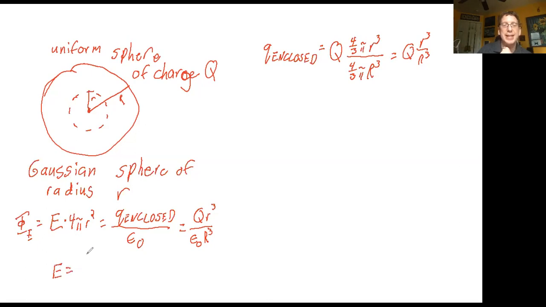So we divide both sides by 4 pi small r squared. And so what you get is Q times r cubed divided by r squared, divided by 4 pi epsilon naught capital R cubed. Let me write this a little better.